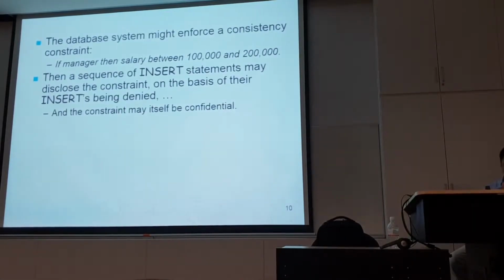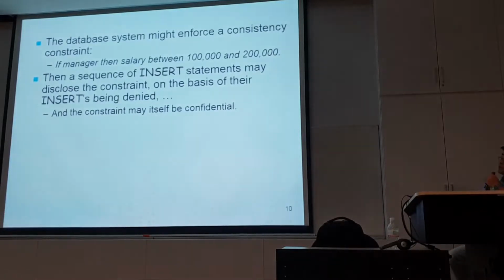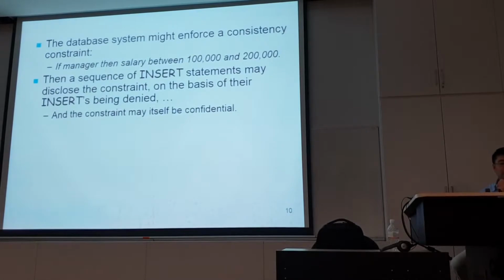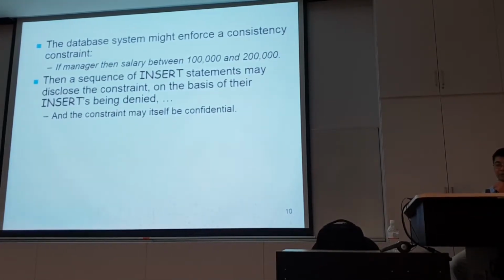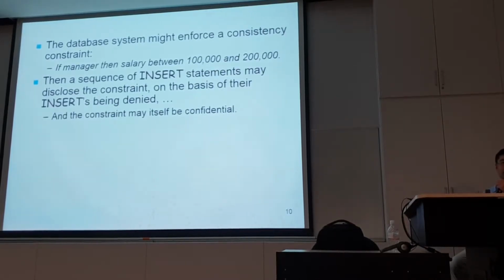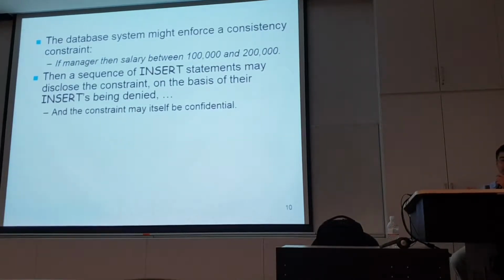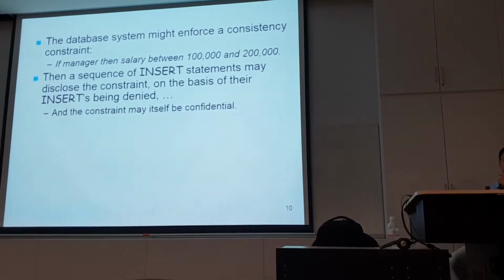So this is inference for a non-statistical database. Similarly, sometimes you can also use the result returned by the database to obtain information. For example, you try to insert a record into a database, and the database says reject, this item already exists.